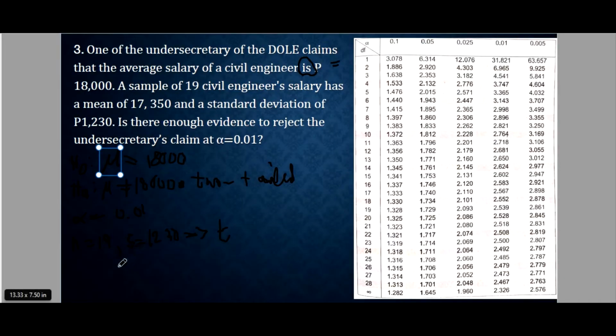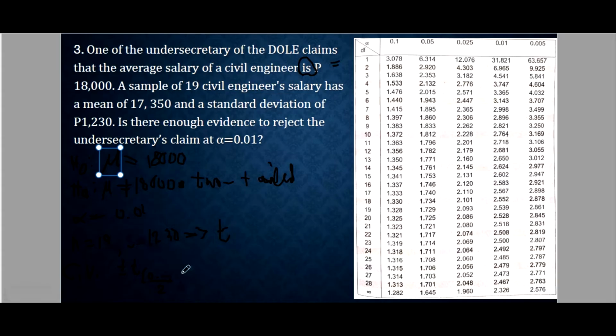Two-tailed test. So therefore, our critical values here are plus and minus t. Our alpha is 0.01 over 2. Why? Because this is two-tailed, so divided by 2.